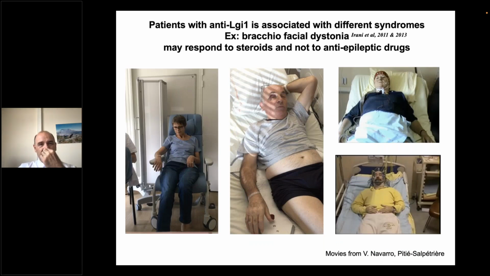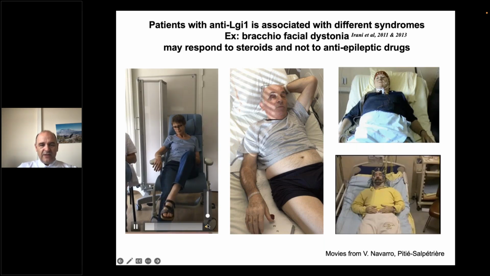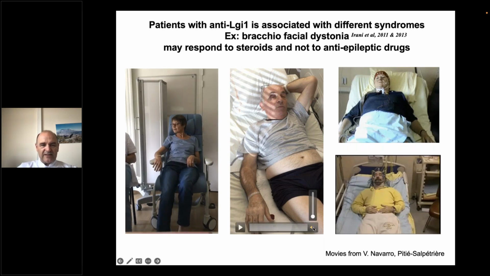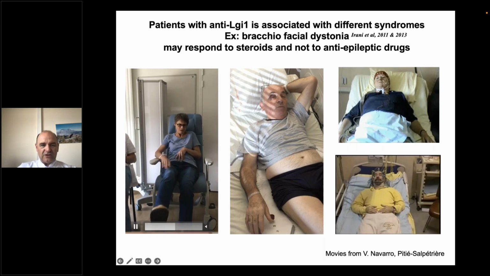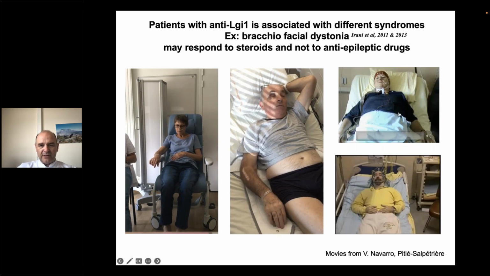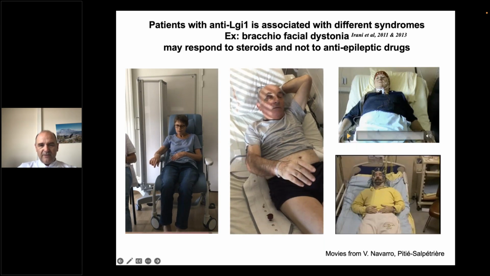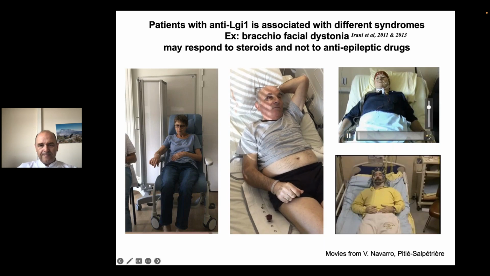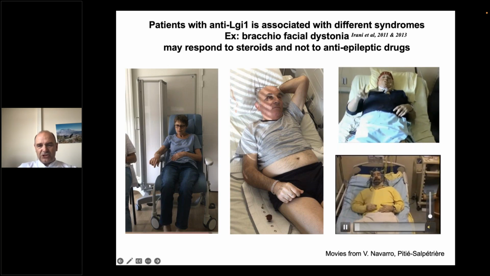Another mechanism is with anti-LGI1 antibodies, with a very particular sign called faciobrachial dyskinesia, as observed in these patients. You can see another example here or here. It's present in 30% of patients.